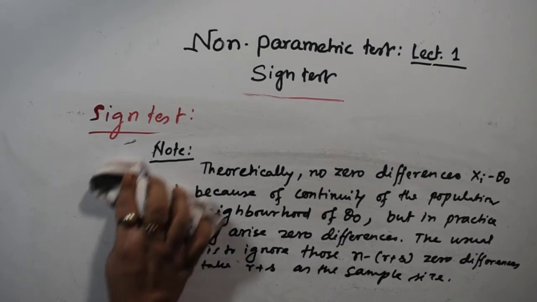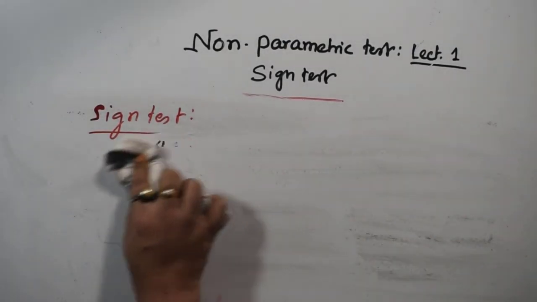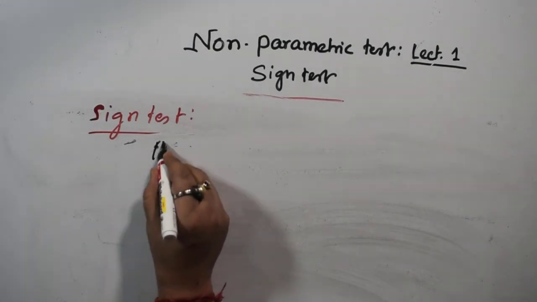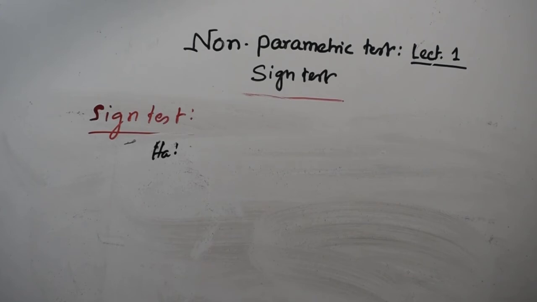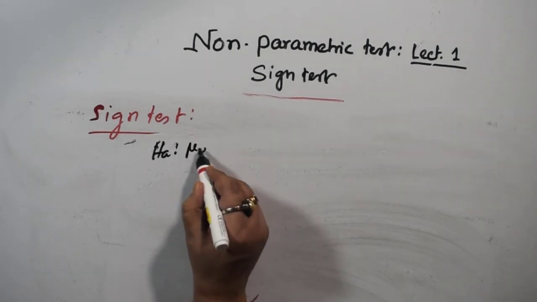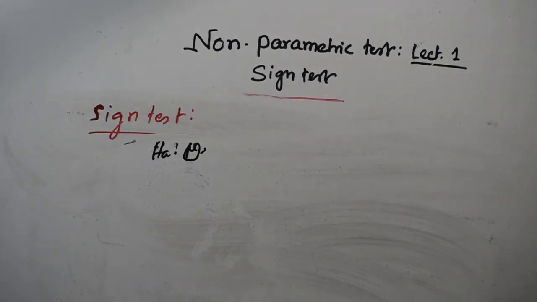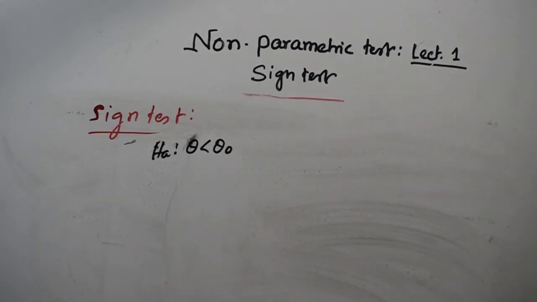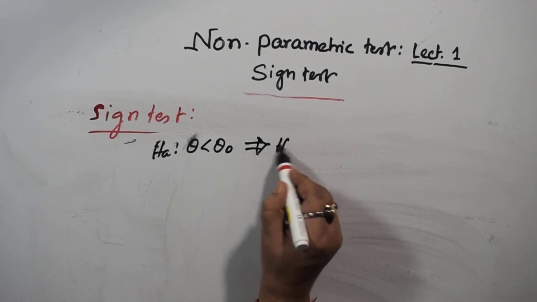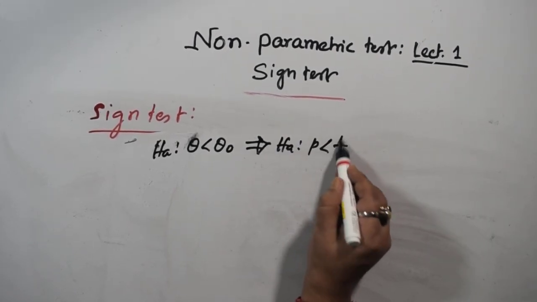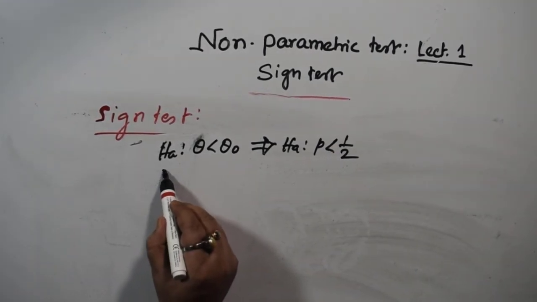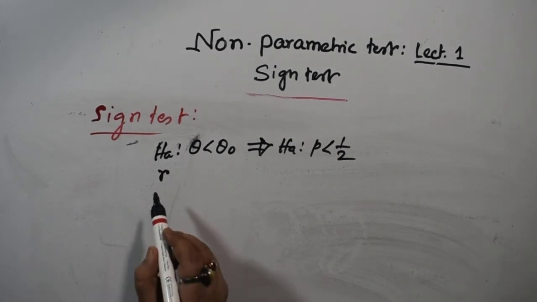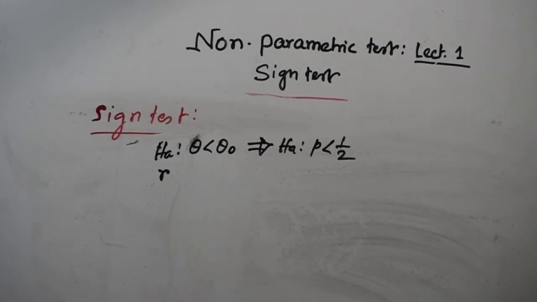Now if you are interested in a left tail test, that is, if your alternative HA is theta less than theta naught, then equivalently p is less than half, so we expect that your R should be as small as possible.